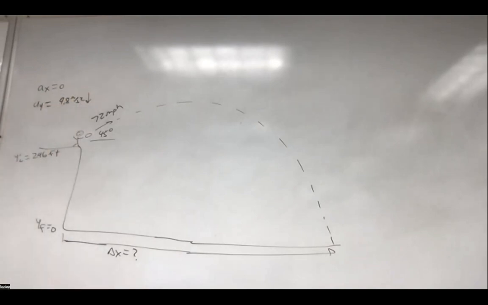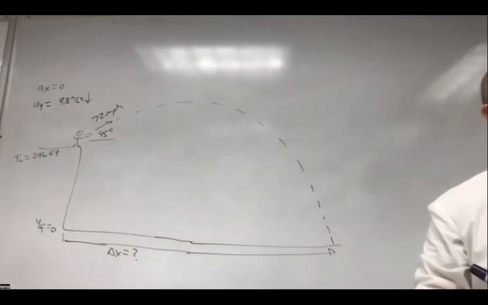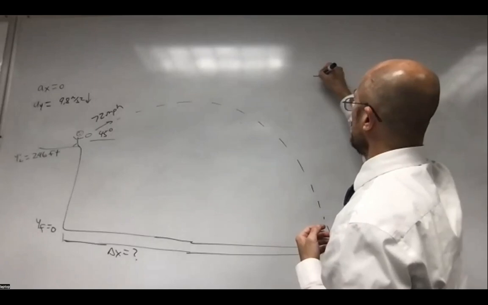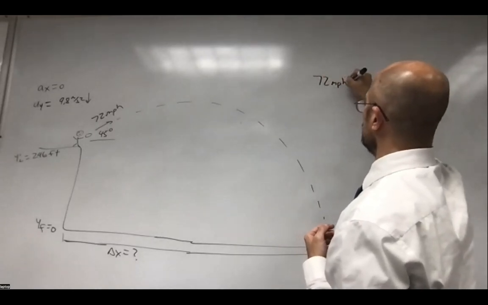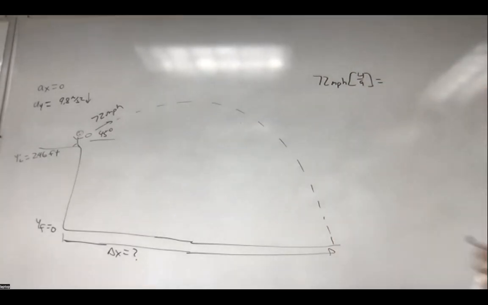So next up, we need to get the components. What do we have to do before we can get components, though? Convert. So 72 miles per hour needs to be converted to meters per second. To do that conversion, we remember that 72 miles per hour times 4/9 gives us meters per second.